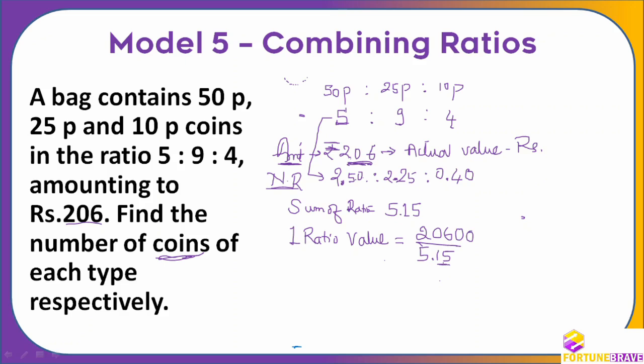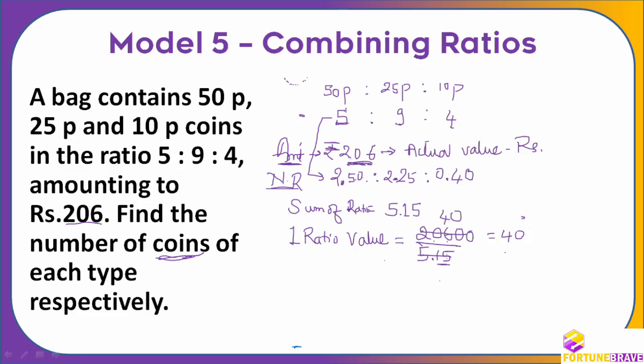This we have discussed when we are discussing about decimals. So this will be what? 515. I can see 5 into 4 is 20 and 15 into 4 is 60. So I can say that this can be divided by 4. 515 into 4 is 2060 plus 10 is there. Therefore, one ratio value is equal to 40.